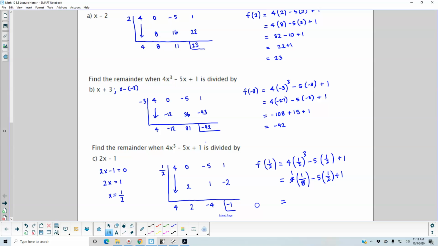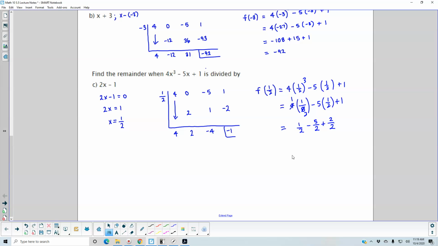Now 4 goes into 8 2 times, so that leaves us with 1/2 minus 5 times 1/2, which is 5/2. And then if we want a common denominator, 1 is the same thing as 2/2. So now what we can do is combine like terms. So we have 1/2 minus 5/2, which is -4/2, plus 2/2, which is equal to -2/2, which is equal to -1.